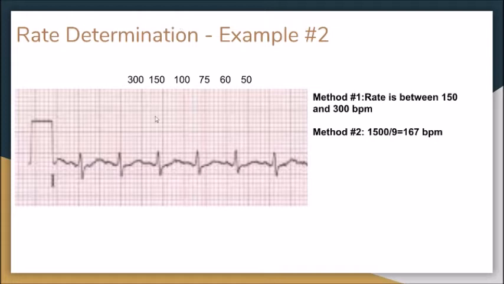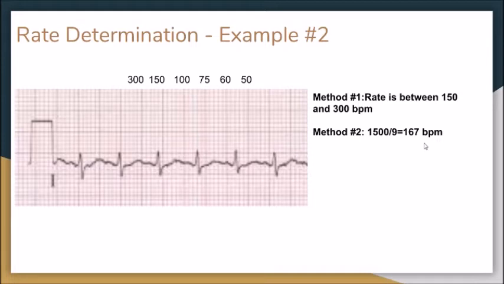As you can see, the first R wave after the initial one happens between the line demarcated with 150 and with 300. Therefore, this EKG is between 150 and 300 beats per minute. Using method 2, I can count the 9 little boxes between the two R's and then do 1,500 divided by 9, giving us 167 beats per minute. So both of these give us a similar answer.